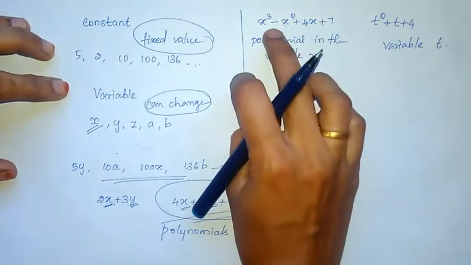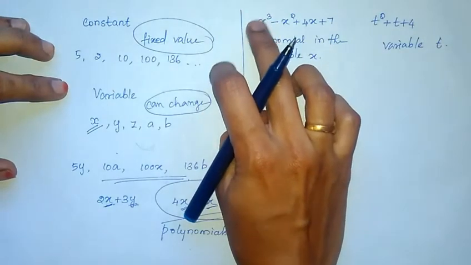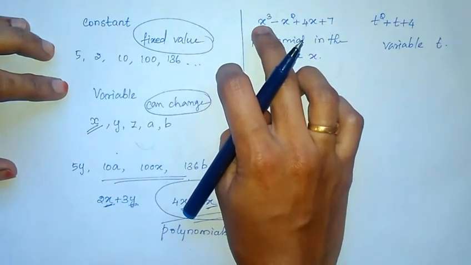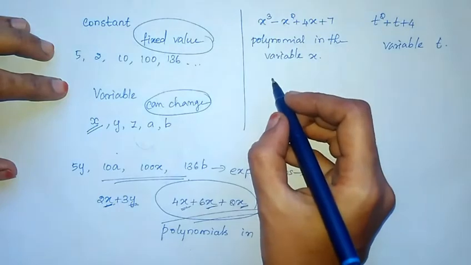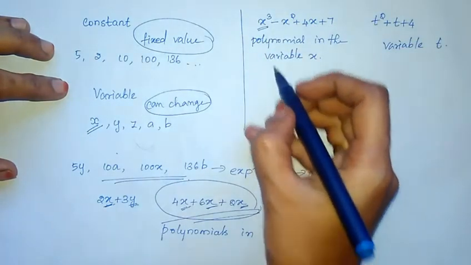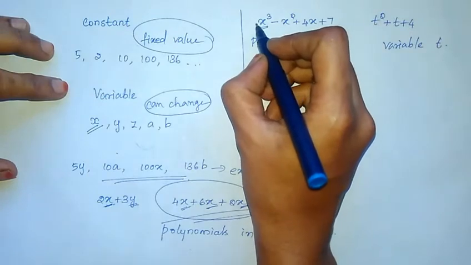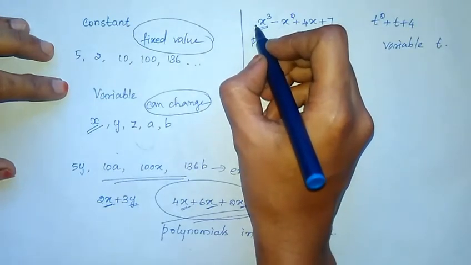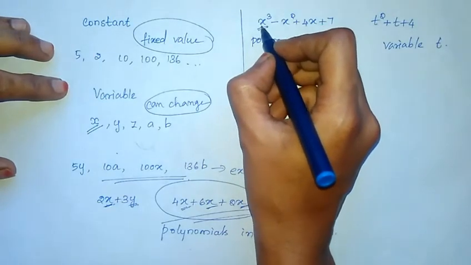Now see here, I am going to take the first term. First term here is x cube. So, what is the coefficient of x cube here? Here, nearby x cube, we have nothing. Nothing means 1. 1 into x cube is x cube.